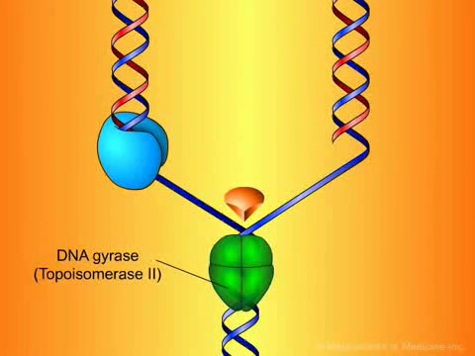DNA gyrase is an essential bacterial enzyme composed of 2A and 2B subunits, which are products of the GYRA and GYRB genes. This enzyme has other important functions which affect the initiation of DNA replication and transcription of many genes.